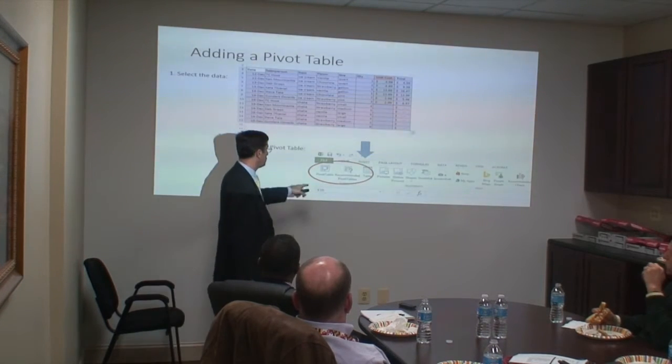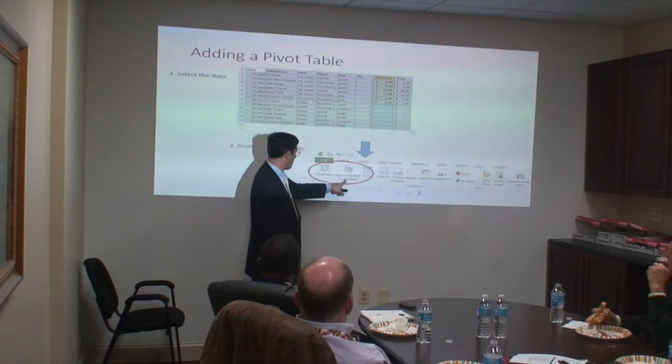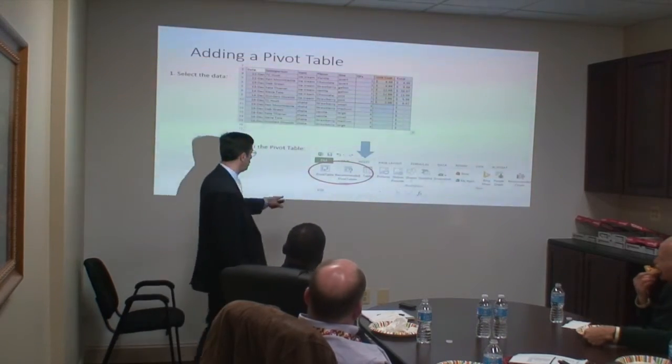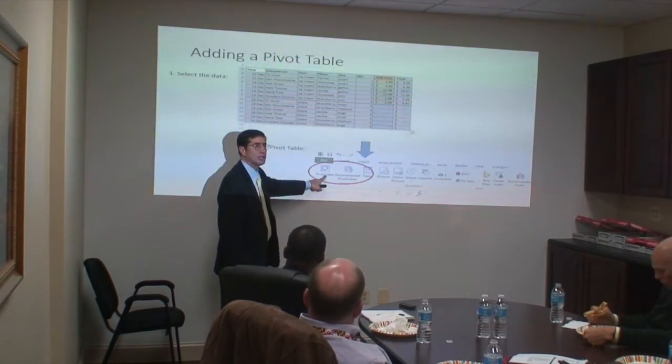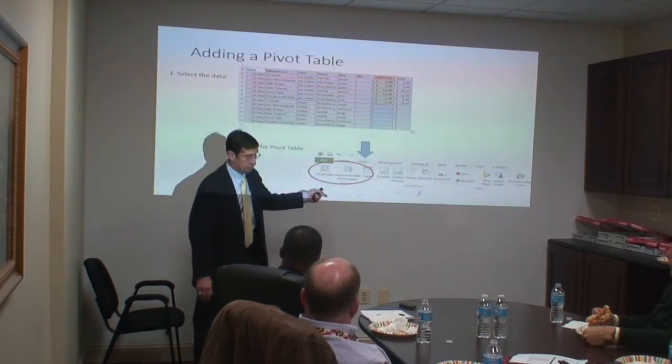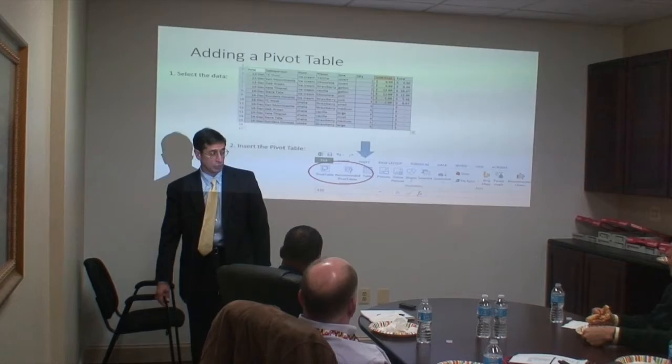And it's under the insert menu. It's got recommended pivot tables and pivot table, and we'll look at both of those. If you're rolling your own, you know exactly what you want, you can click on pivot tables. But if you're not sure, it pays to look at their suggested tables.